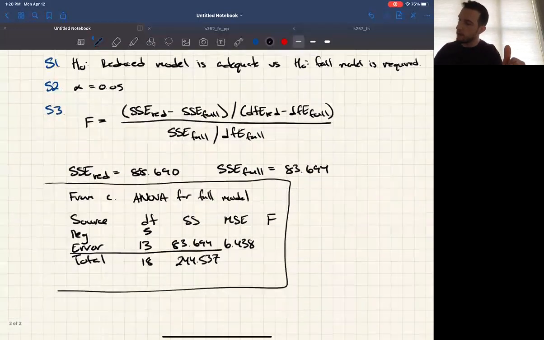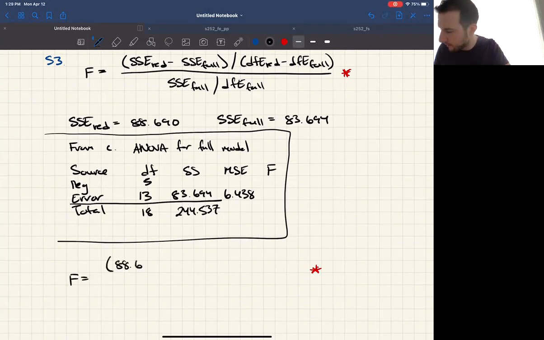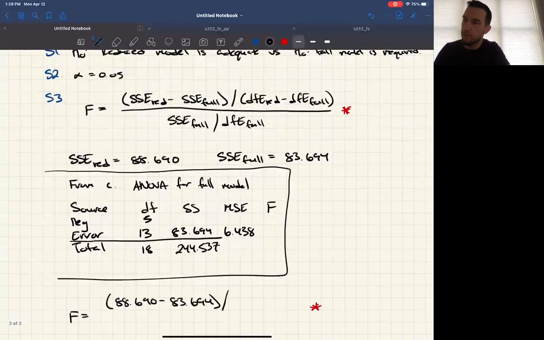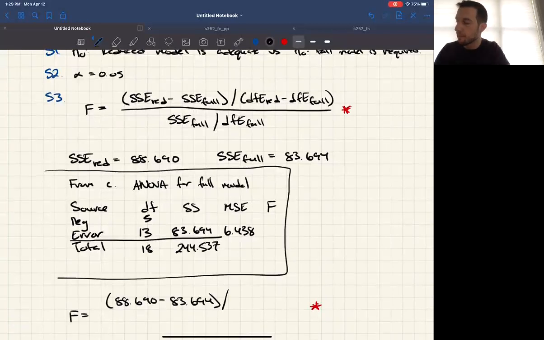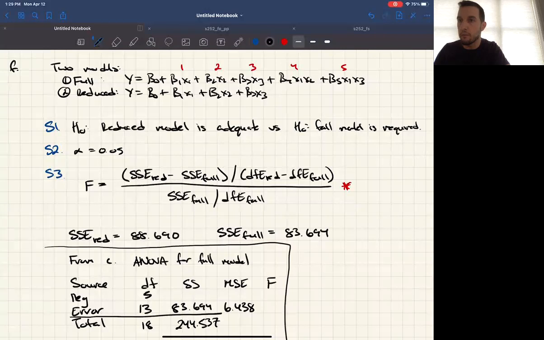All right, so now we can continue here. We have F equal to 88.690 minus 83.694, divided by the DF reduced minus DF full. This is just the difference in the number of explanatory terms, or coefficients, in the two models.